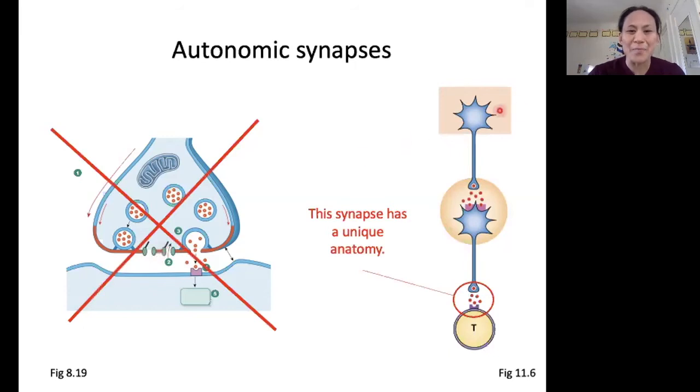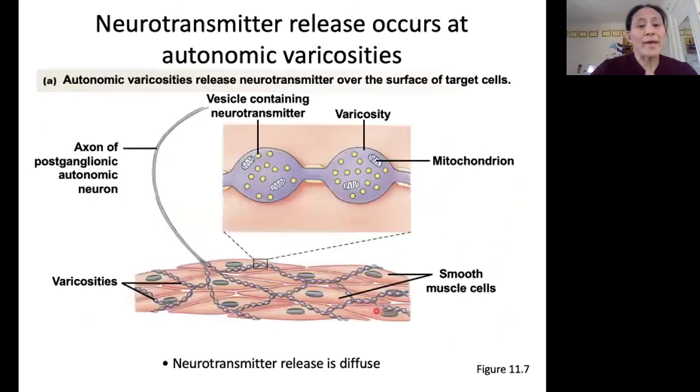We have a preganglionic neuron synapsing at the ganglion onto a postganglionic neuron, and then that is going to synapse onto our target. The synapse we're looking at here is this one right here, and it has a unique anatomy as indicated by the text on the slide. So let's look at that unique anatomy.